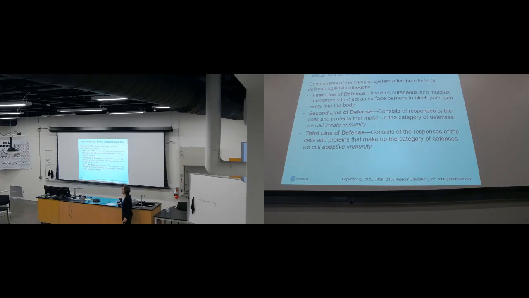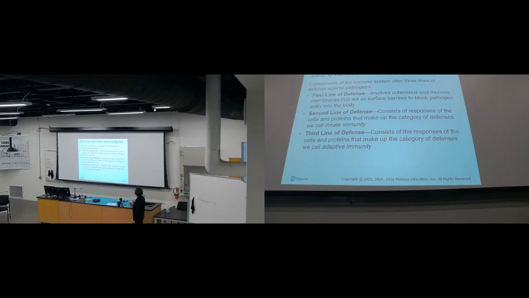Now for the function, the physiology of the immune system. Our immune system as a whole helps us to prevent infections by microorganisms and viruses, and helps prevent diseases like cancer. We can subdivide the immune system into three lines of defense against pathogens.